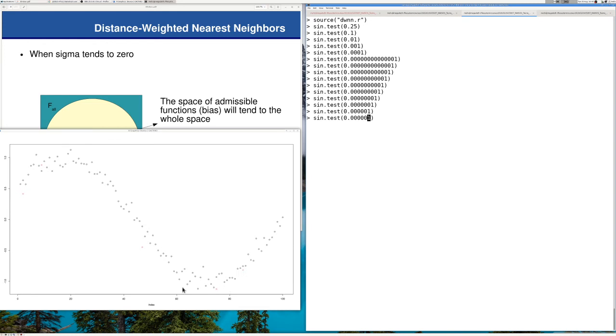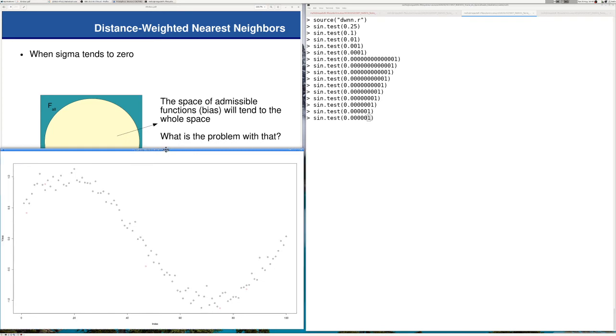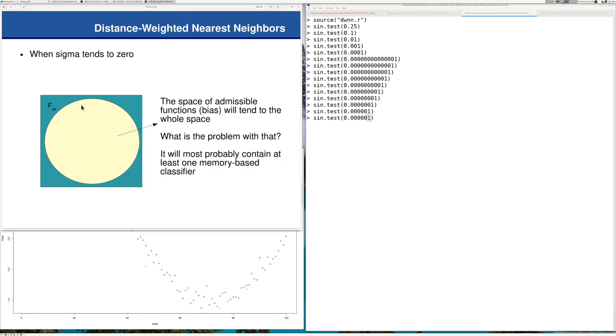Because those points had some vicinity in terms of my knowledge base. Because I'm selecting such a narrow Gaussian function that most other points are just being memorized. So I've been considering such a complex space of divisible functions that I am converging to some sort of memory-based classifier or regression function, in this case a regression function.